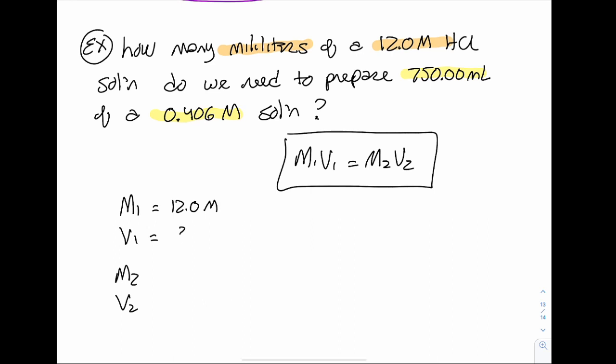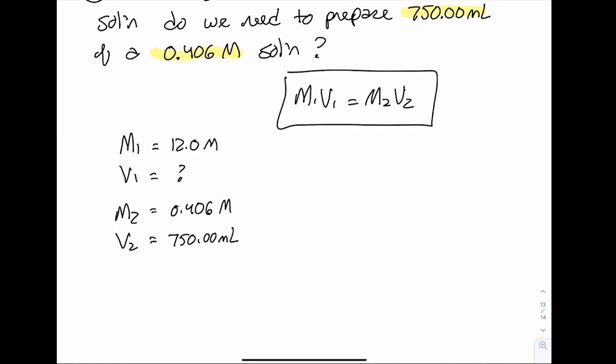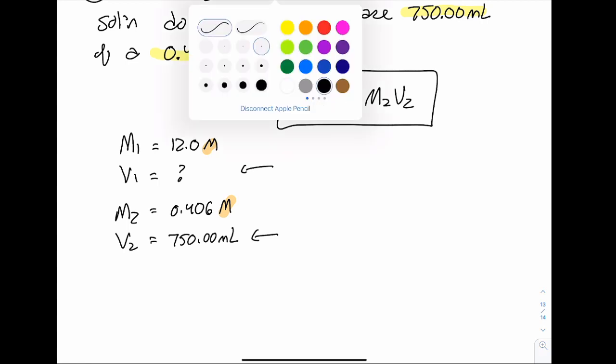And if you do that, then your unknown is going to be V2, mine is V1. My new concentration, and then my new volume. And then units, I'm okay this time. I don't need to do anything. These are both molarity. This is in terms of milliliters, which means when I solve for my new volume, it's going to be in terms of milliliters.